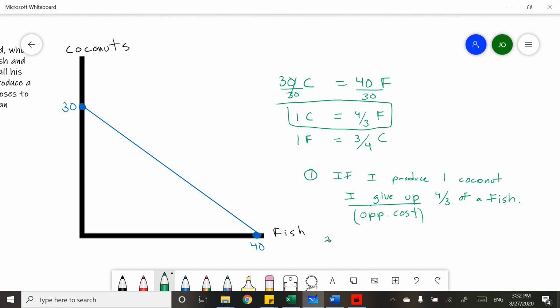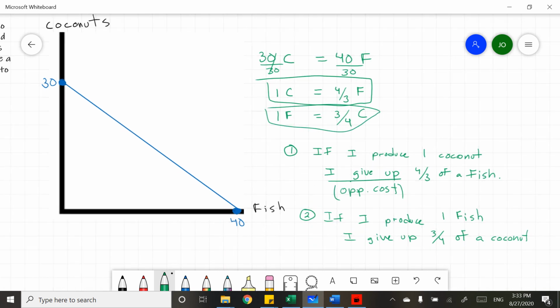And you can write the other sentence, which would be, if I produce 1 fish, I give up 3/4 of a coconut. That would be this statement right here. That's basically how you calculate opportunity cost depending on what kind of graph you have.